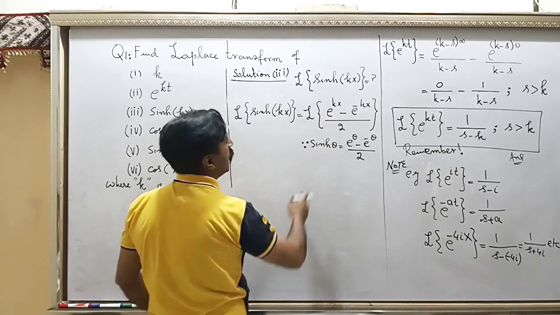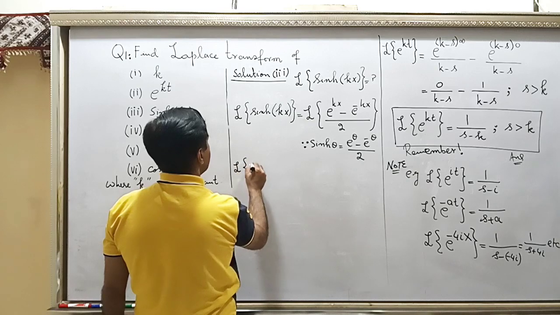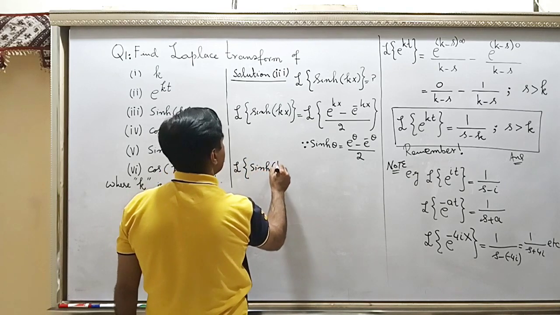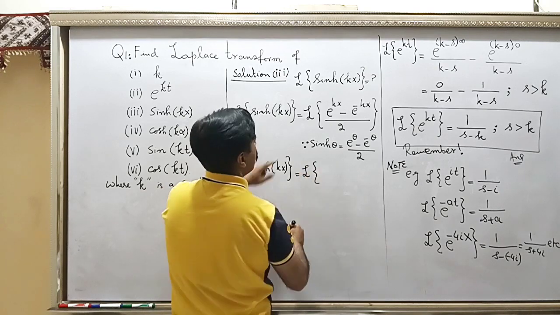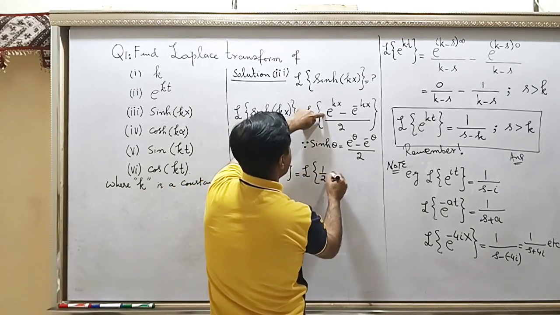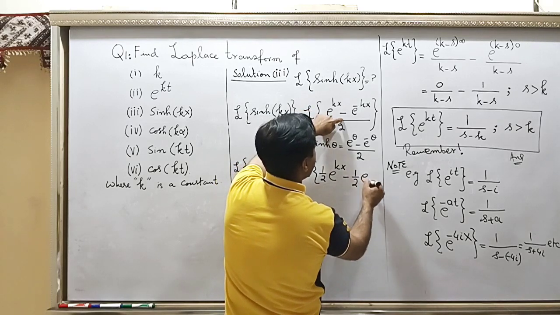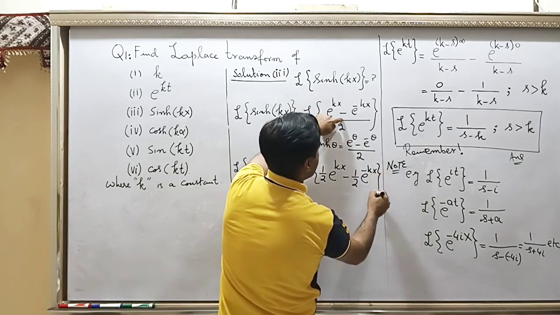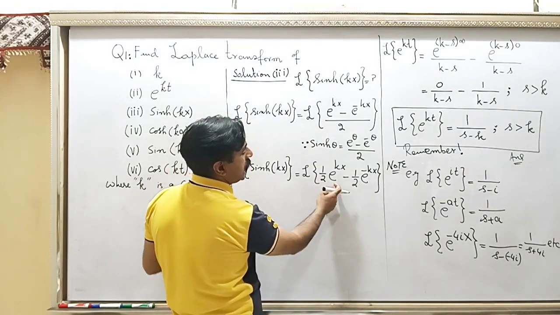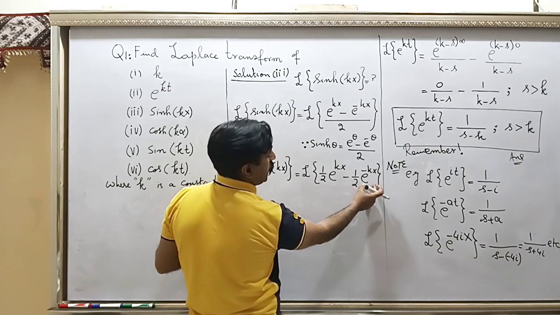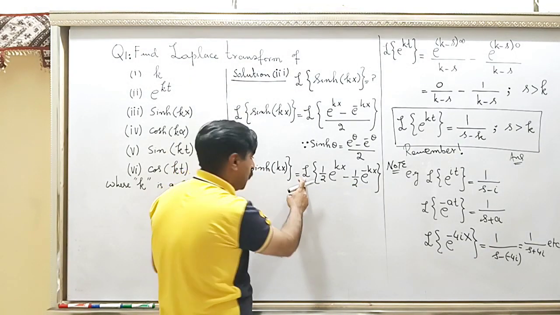So this is the result. Now this denominator can be separated like this: Laplace transform of 1 by 2 into e to the power kx minus 1 over 2 into e to the power minus kx. Look, this is a constant multiplied with a function, another constant multiplied with a function, so you can use the linearity of the Laplace operator.